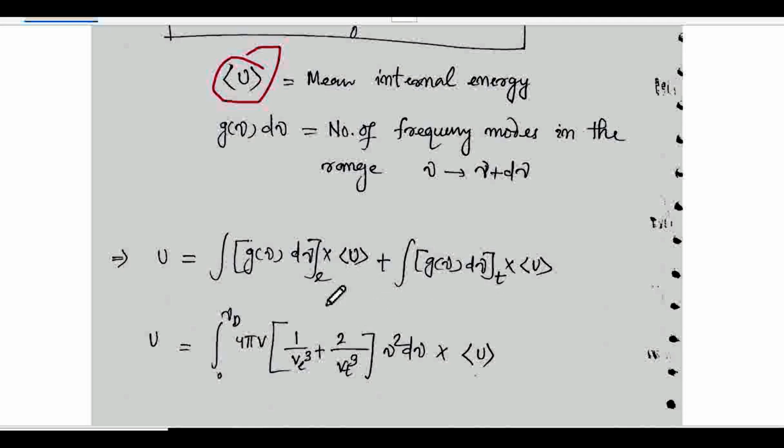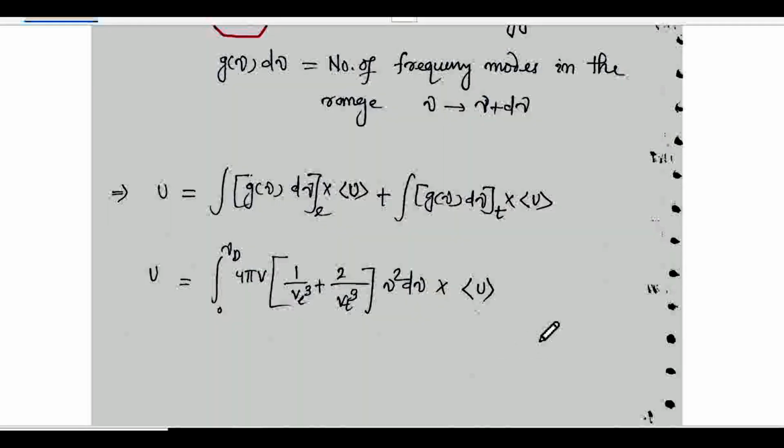Now you see, for longitudinal the contribution of a mode is 1, because the atom can move in the rightward direction or in the leftward direction. So there is only one kind of mode in the longitudinal case.